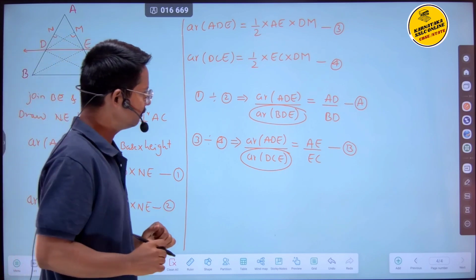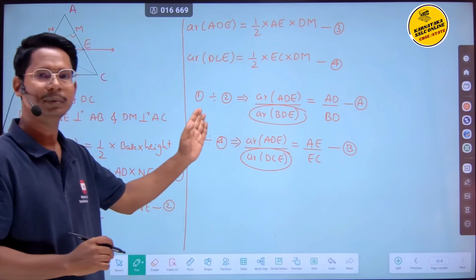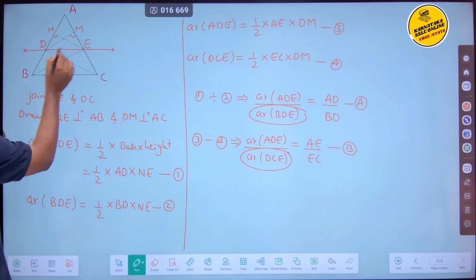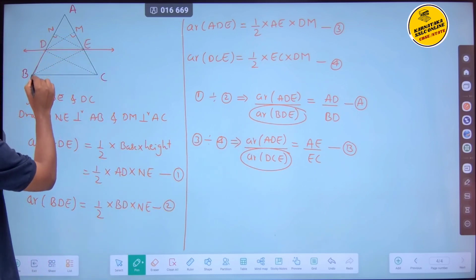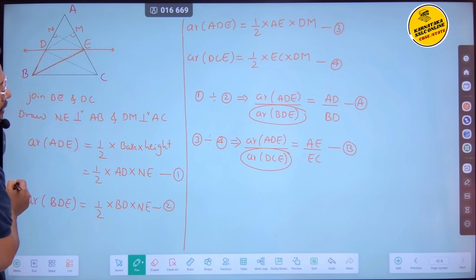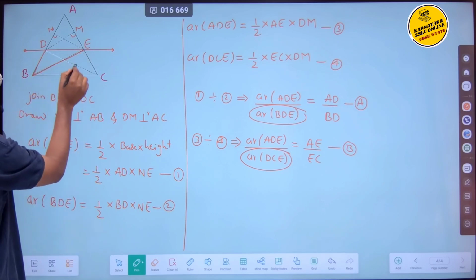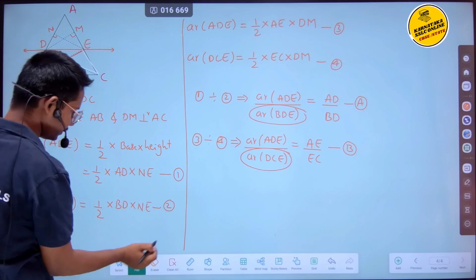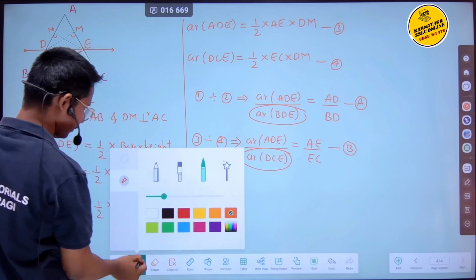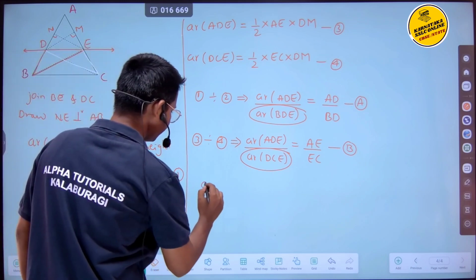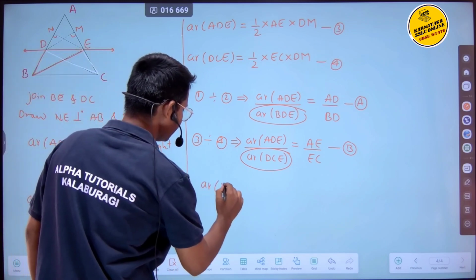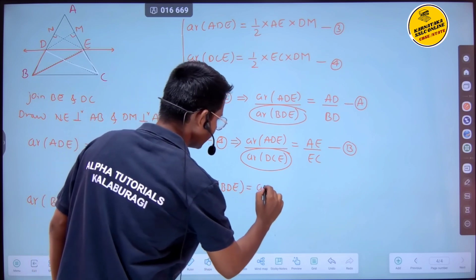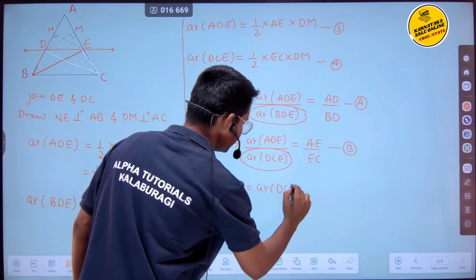So is there any way or any method by which I can say these two areas are the same? Area of BDE, this one, and area of DCE, are they equal? Yes, they are equal. So I can write area of triangle BDE is equal to area of triangle DCE.